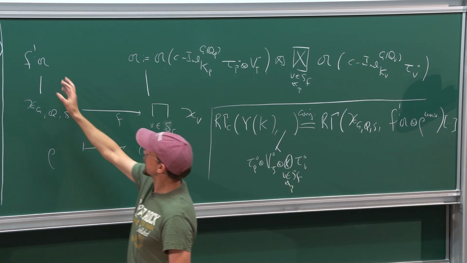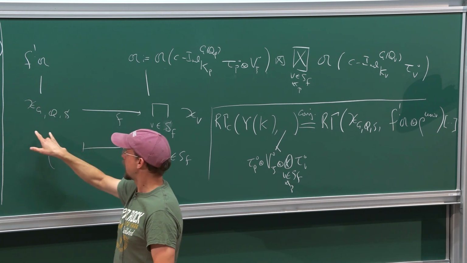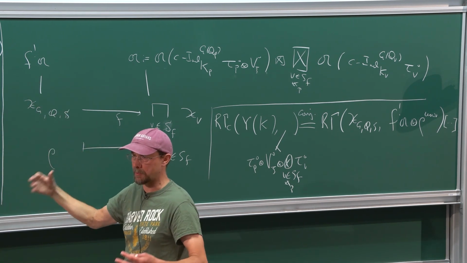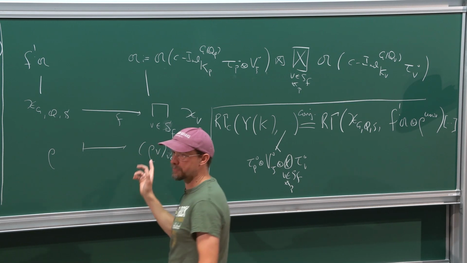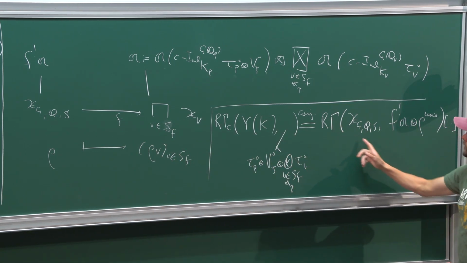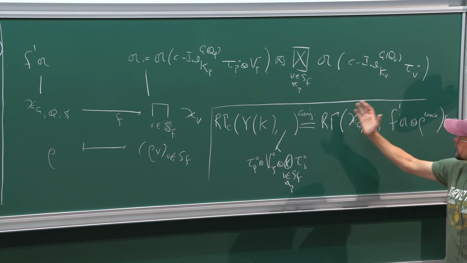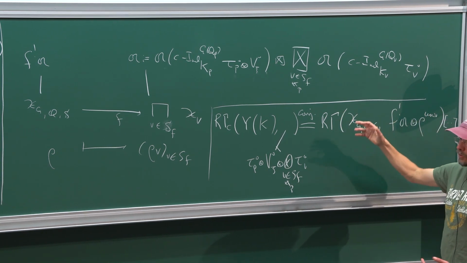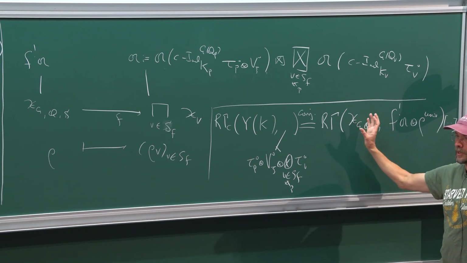As I was saying, this guy will be supported at Galois representations that have certain ramification conditions at these bad primes. So roughly this right-hand side will detect all those Galois representations.